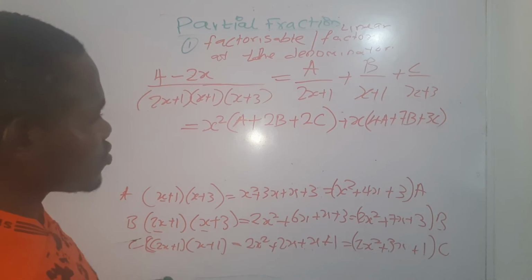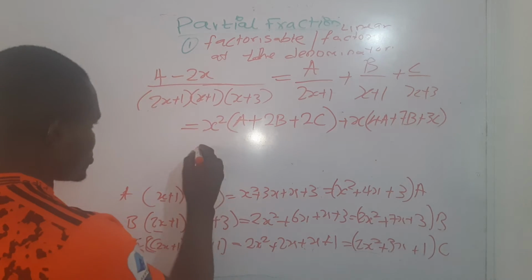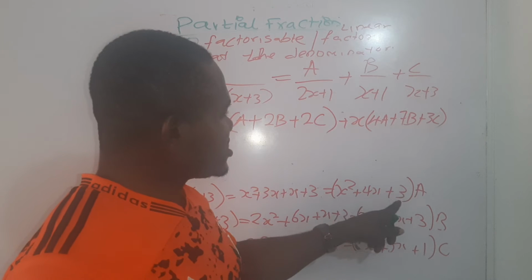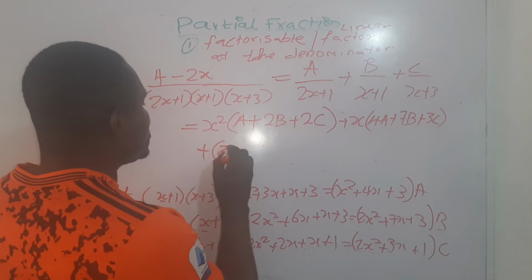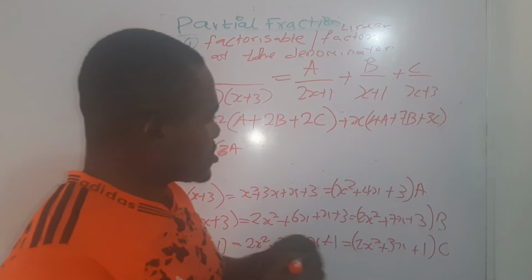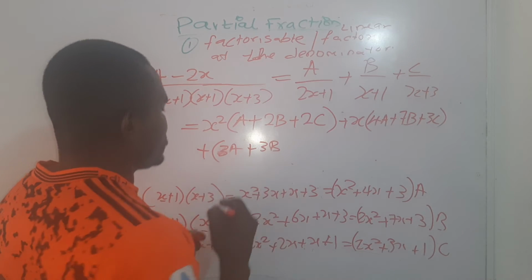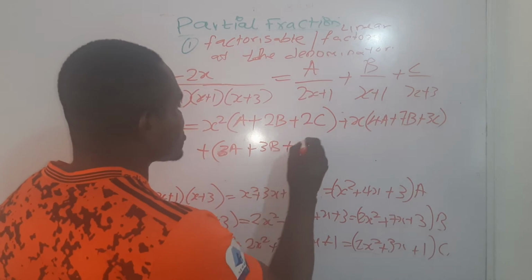You see now, so what we have left now is the constant. So plus the constant now, which is this is A, then plus this is 3B, then plus 1 times C.